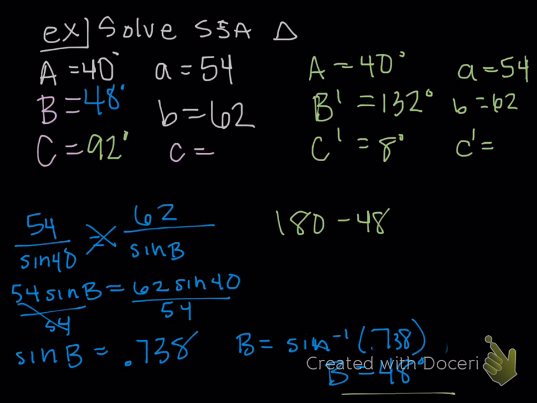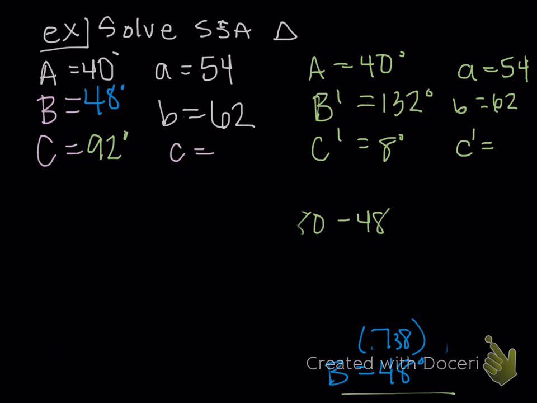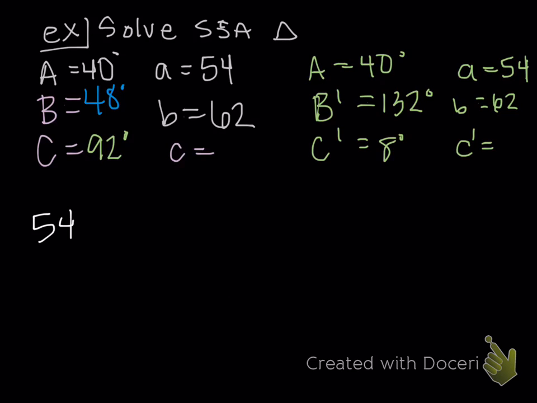So I'm going to erase all this work down here so I can stay on one screen. Okay, so notice that what stays the same is that the A's are still the same. So I'm still going to use this whole 54 over sine of 40. And let's work with C first. So we'll find c over sine of 92.